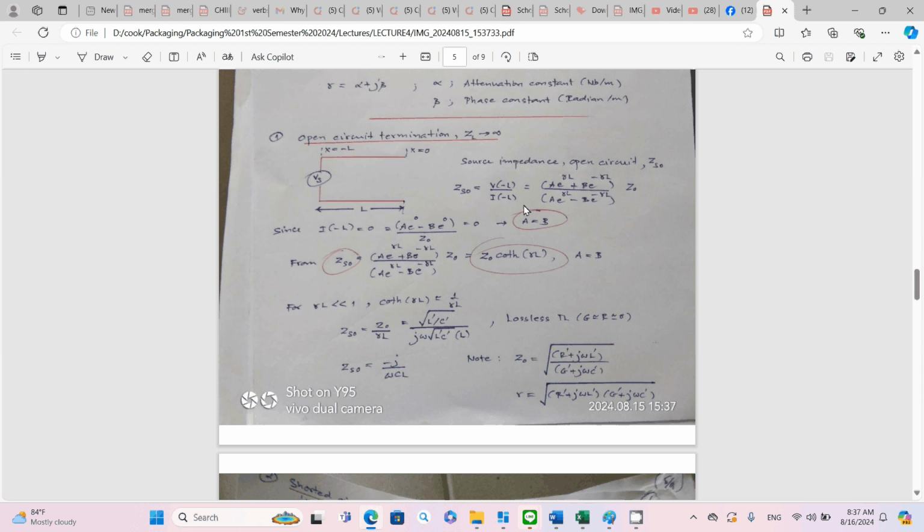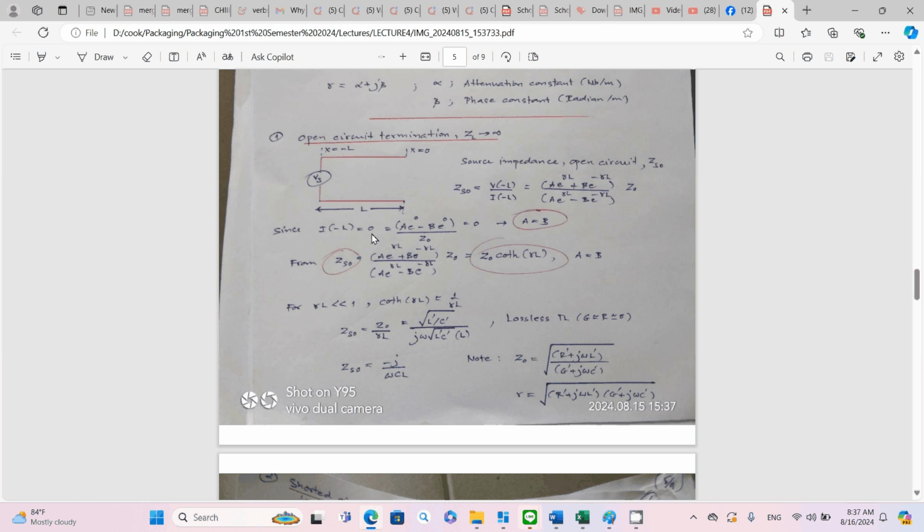And for the current, since this is open circuit termination, you have no current flowing through the load, so your I at the load equal to 0 along the transmission line.